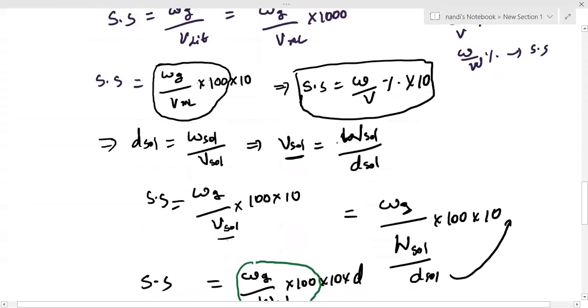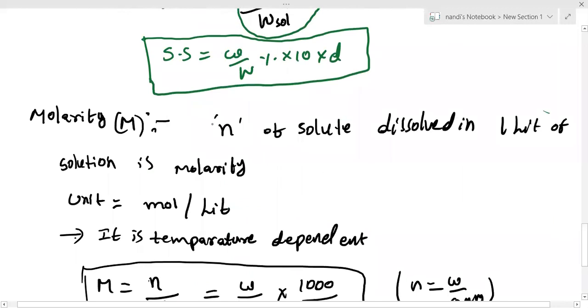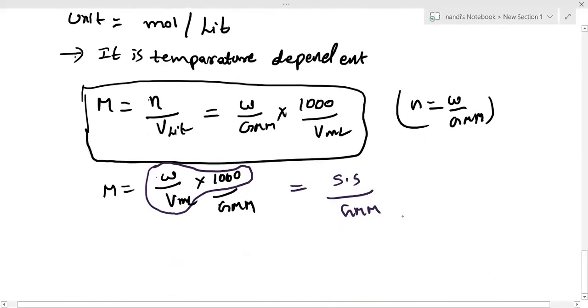Strength of solution is W by V percent into 10, and in terms of W by W percent it is W by W percent into 10 into density. Can you substitute here? Try. Molarity equals W by V percent into 10, in place of strength of solution, by gram molecular mass.